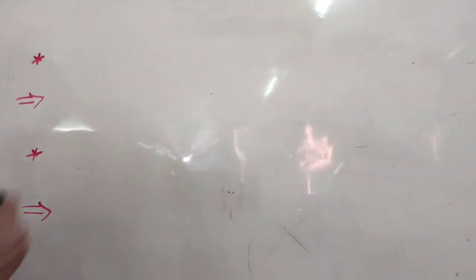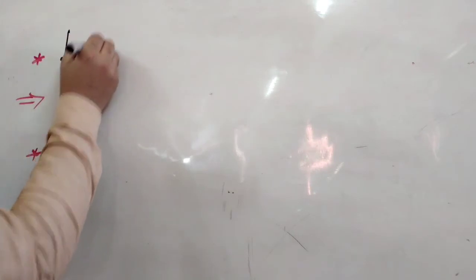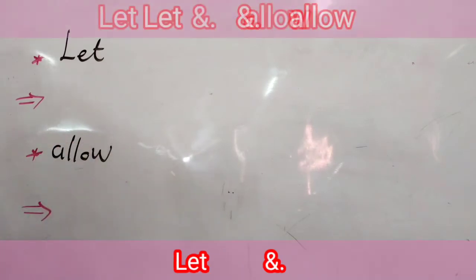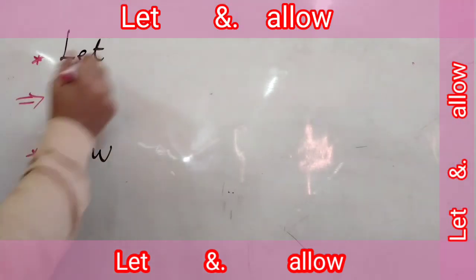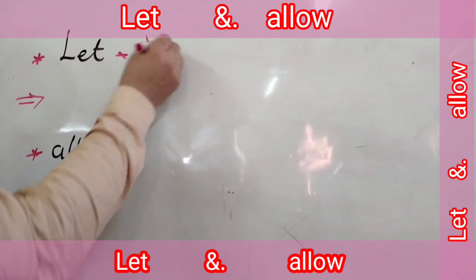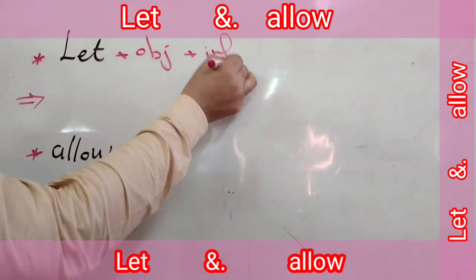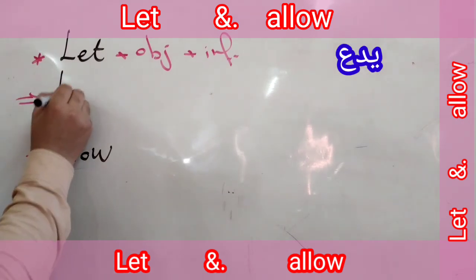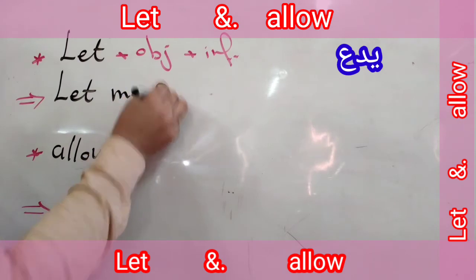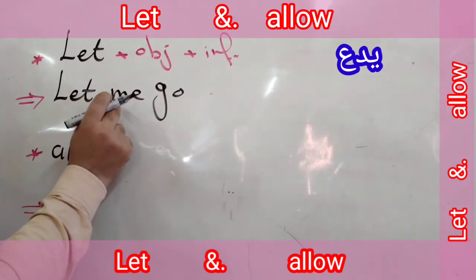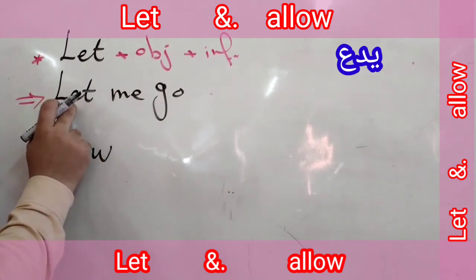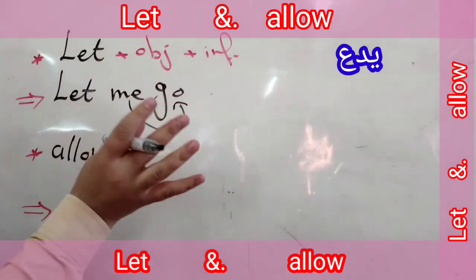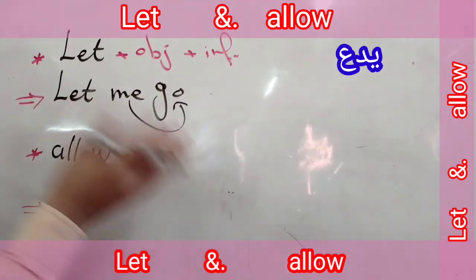Also, what's the difference between the verb let and allow? The verb let is followed by object plus infinitive. For example, when we say let me go, here we use an object which is me after the verb let, followed by an infinitive. Let me go. We can't say let me to go. It's wrong to say that.